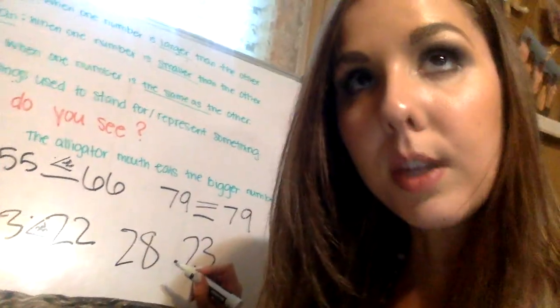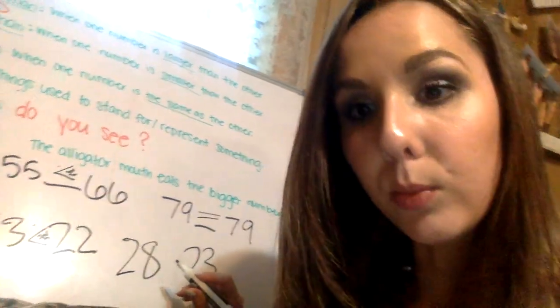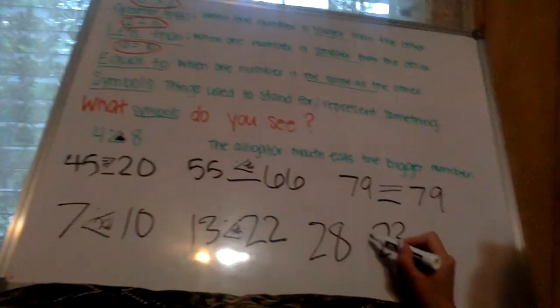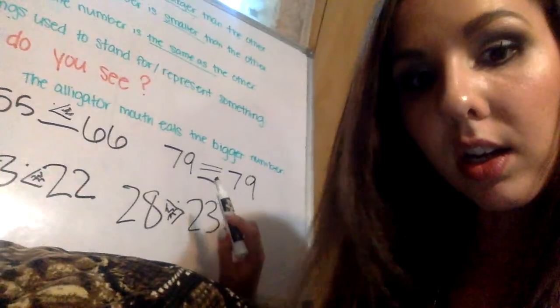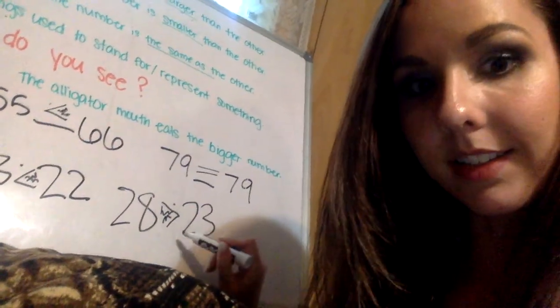So someone come up here and tell me which is greater and which is less than. Okay, so we're saying that 28 is greater than 23, or 23 is less than 28. So let's do that one more time and give me all of the markers back, because we're going to reduce our number.